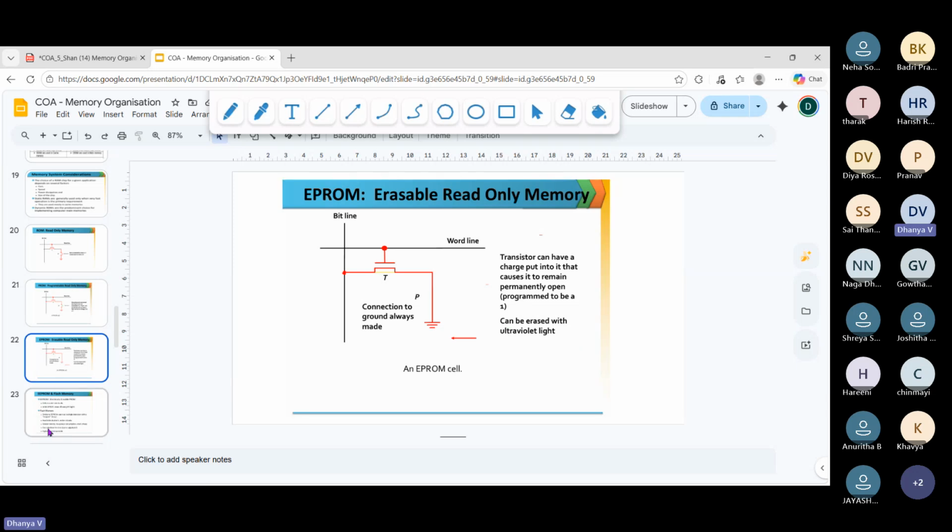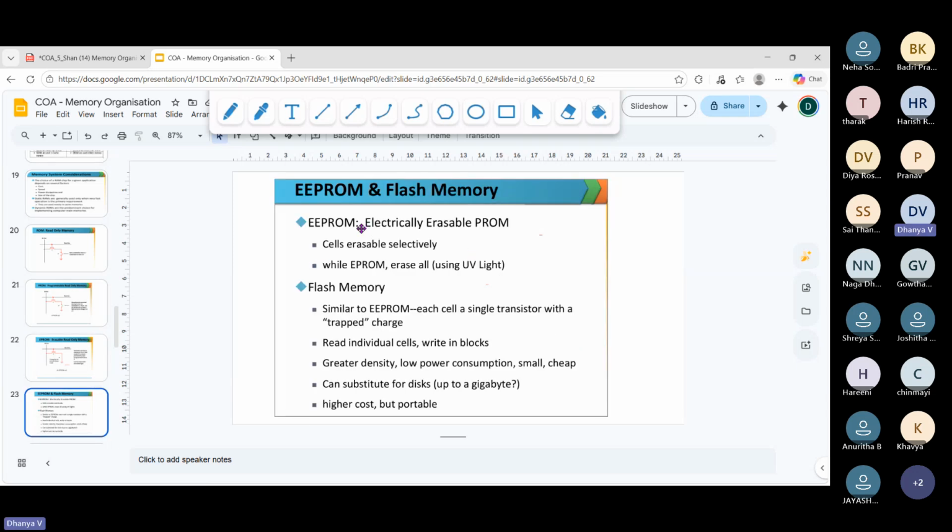All right. Then, electrically erasable PROM, that is, cells erasable selectively. So you can selectively erase your cells. In your EPROM it is UV light, and here you can electrically erase it. Okay. And then your flash memory is similar to your EEPROM only.